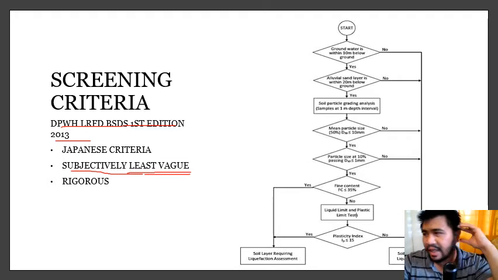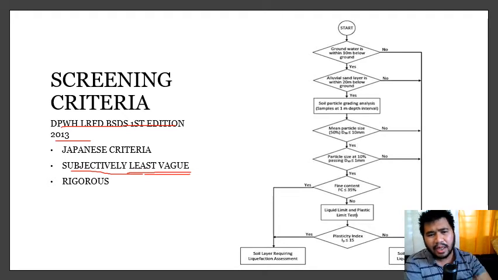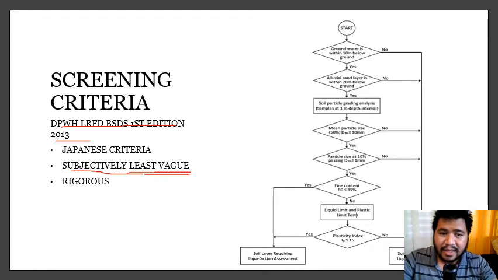Some criteria will just mention that if the N value is more than 10, it's not liquefiable. But they don't really specify if the SPT N value should be corrected or not corrected. So at least for us, this criteria is the most fleshed out.